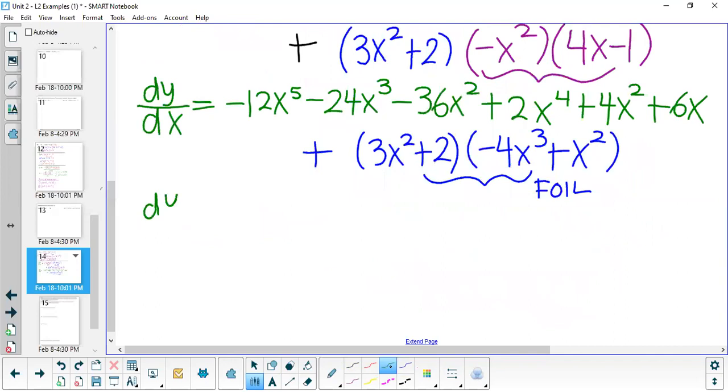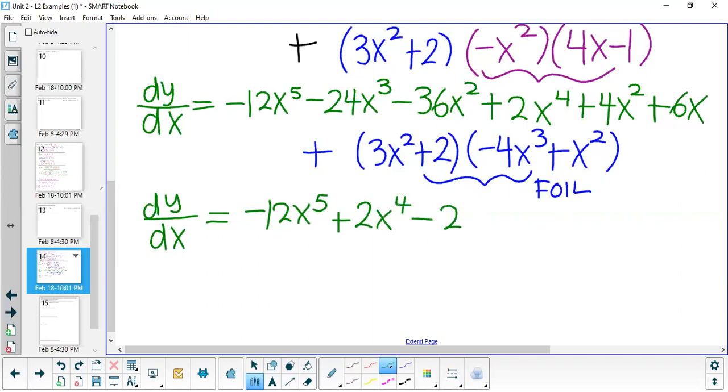So dy over dx. I'm going to rearrange what I wrote in green according to degree. So the largest degree first, negative 12x^5 plus 2x to the power of 4 minus 24x cubed minus 32x. So there is some grouping of like terms now, plus 6x.